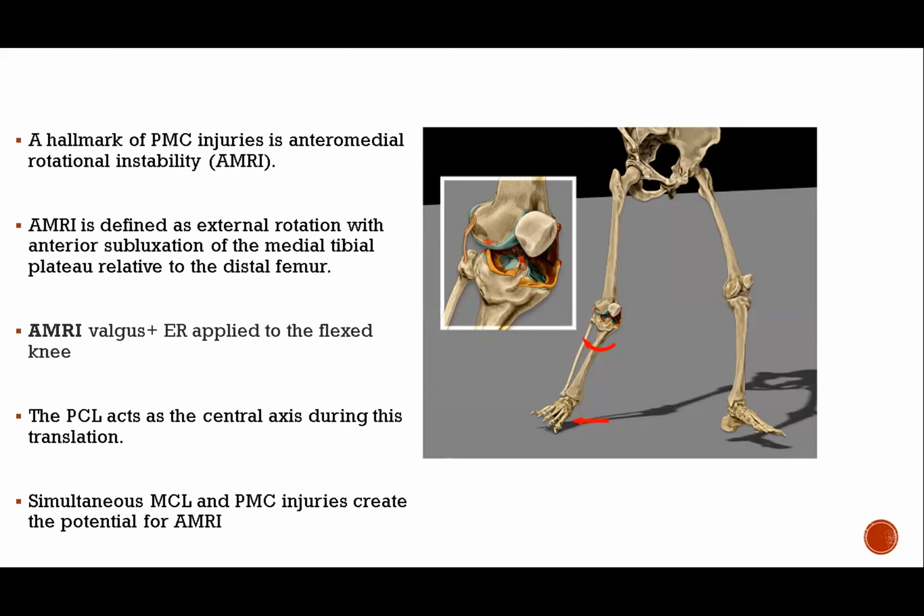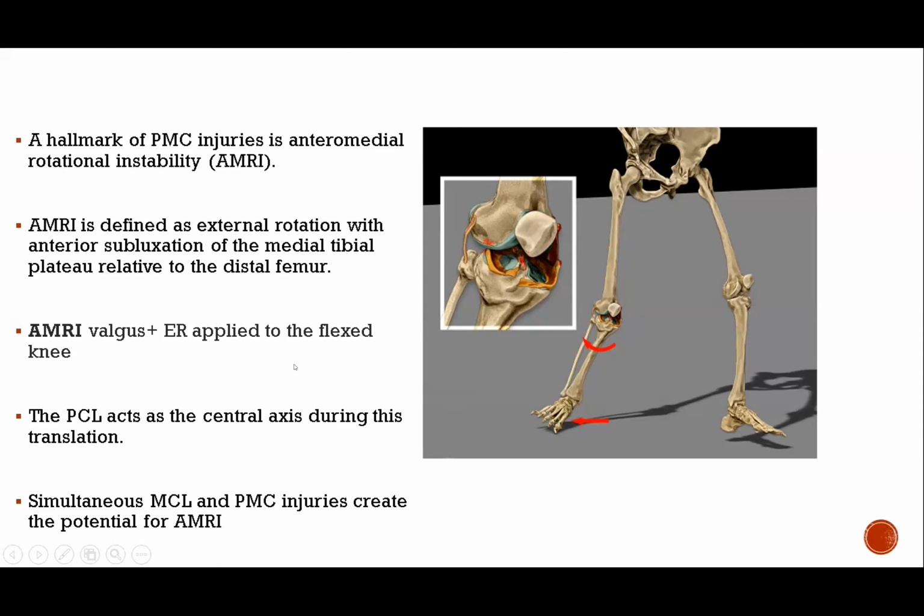The mechanism of injury in the posteromedial corner is a valgus stress applied to an externally rotated tibia in the flexed knee. So we can see it is valgus and externally rotated, causing stretching of the medial side of the knee, and the ACL, being the secondary restraint to valgus, can also give way and get torn.